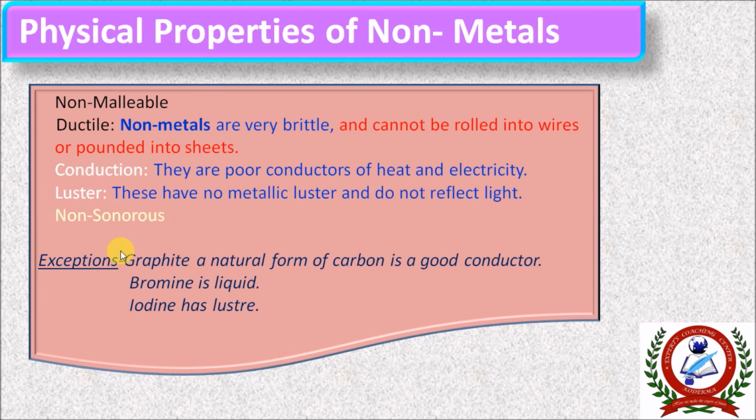Nonmetals are non-sonorous also. We have got a few exceptions here. Graphite, a natural form of carbon, is a good conductor of electricity, whereas all nonmetals are solid or gas, but bromine is liquid. All nonmetals don't have a shiny surface or lustrous, but iodine has luster.